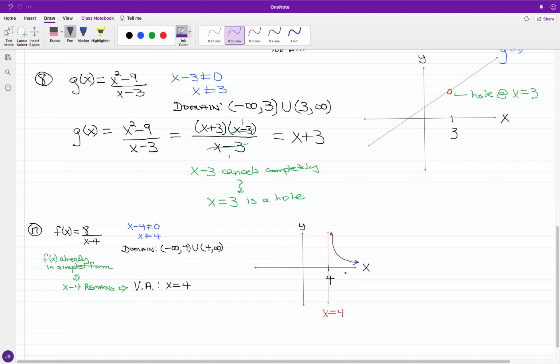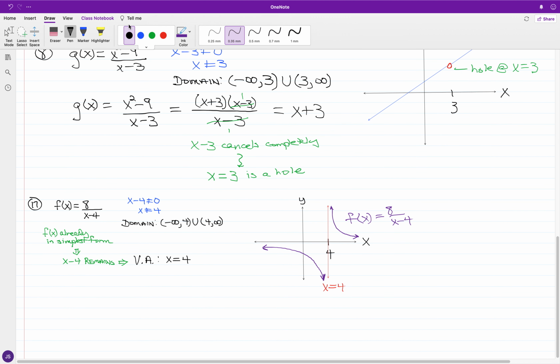And for the correspondence between the graph of the function and the vertical asymptote, there will be no contact with any vertical asymptote. And we have f of x equals 8 over x minus 4. That will be split up into 2 distinct regions, where the split is done by the vertical asymptote x is equal to 4.